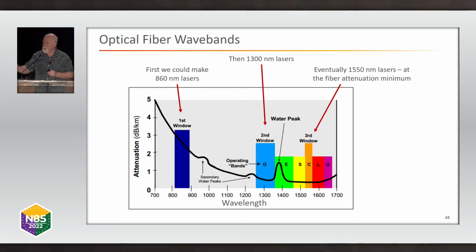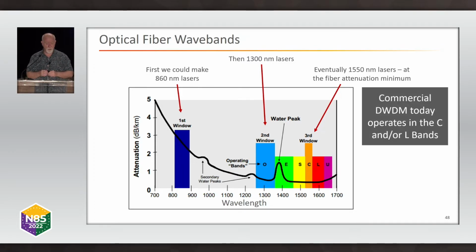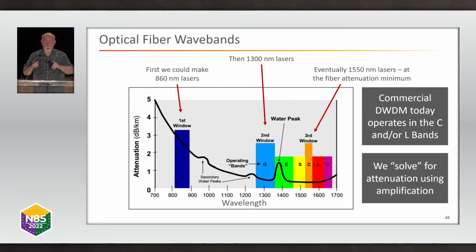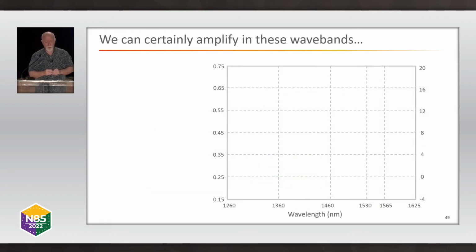So we can build lasers across any of these wavelengths, and today, of course, we operate in the C and L bands. And we solve for attenuation, even at this very low level attenuation, using amplification. And we can amplify in these other wave bands as well.